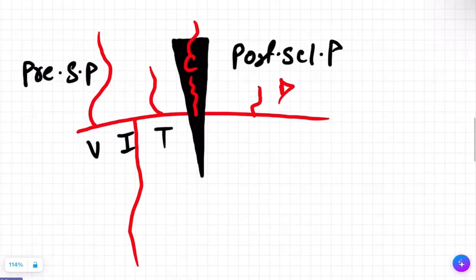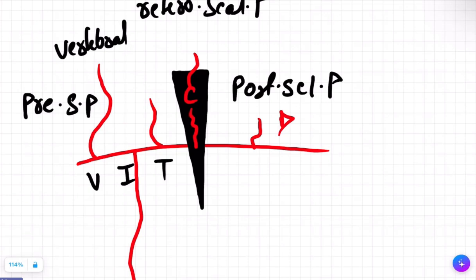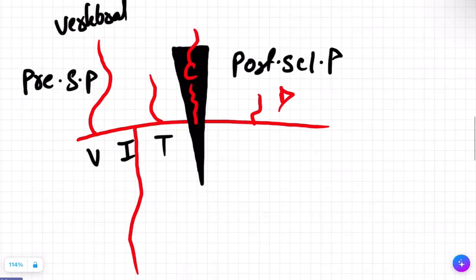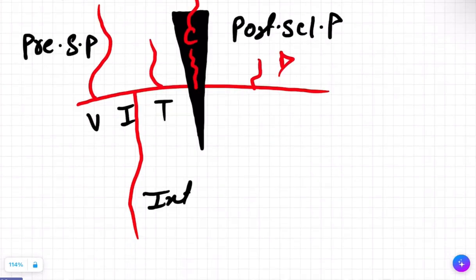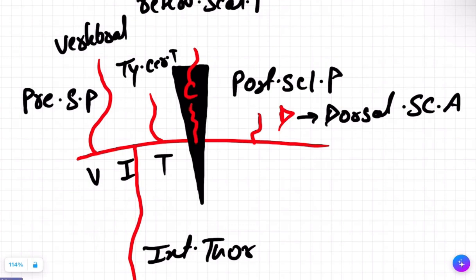So let's write. V is for vertebral. Don't worry, I will tell you. In fact, you won't have to memorize the names, they will be remembered on their own. I4, internal thoracic. T4, thyrocervical trunk. And D4, dorsal scapular artery.